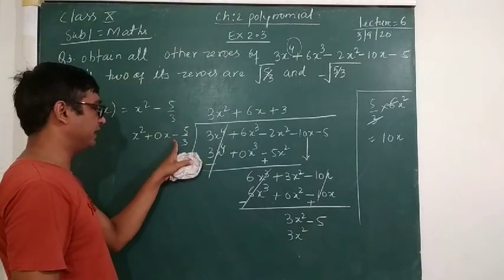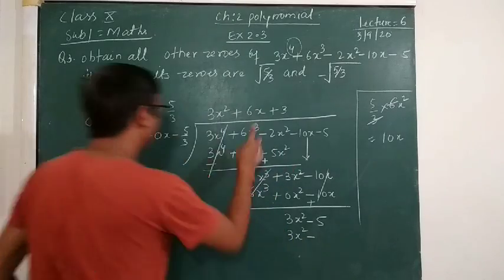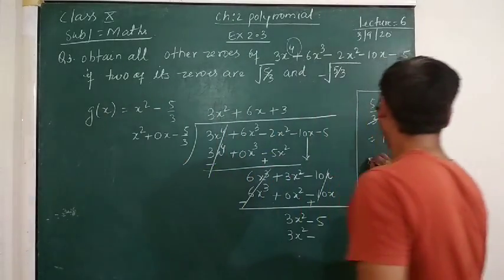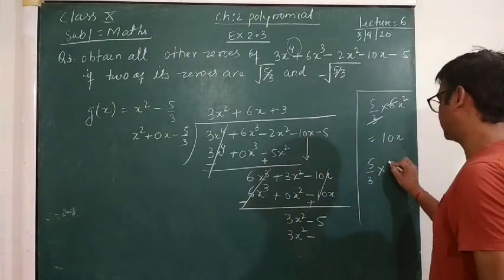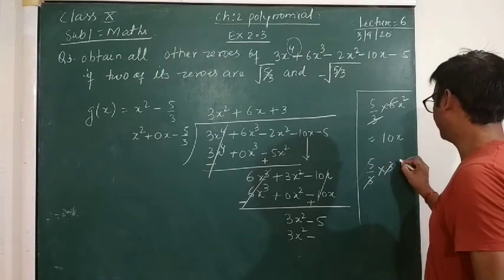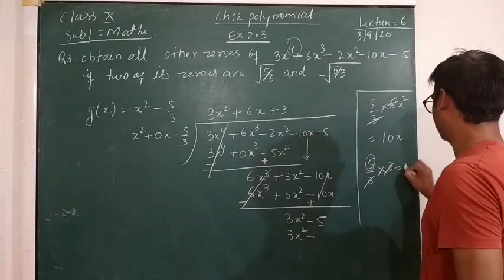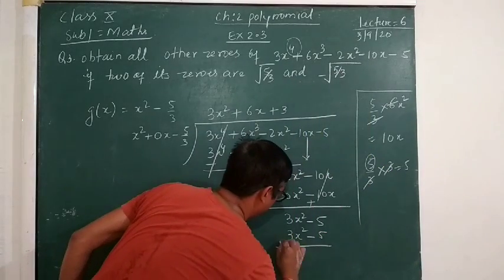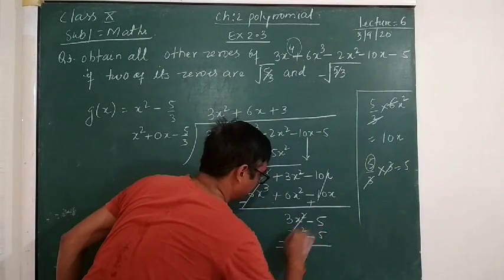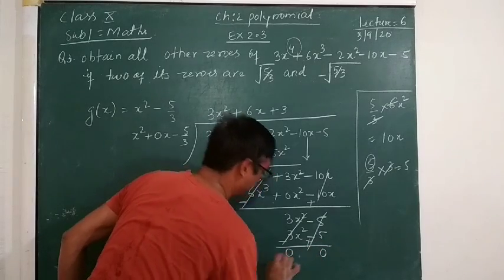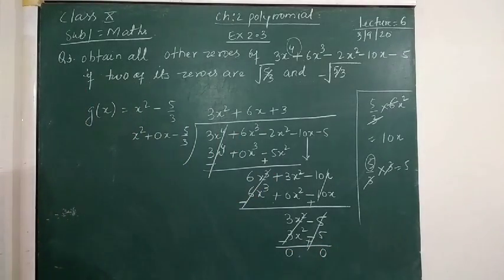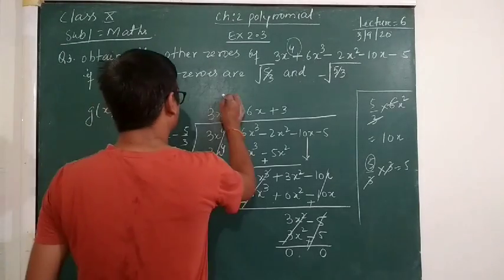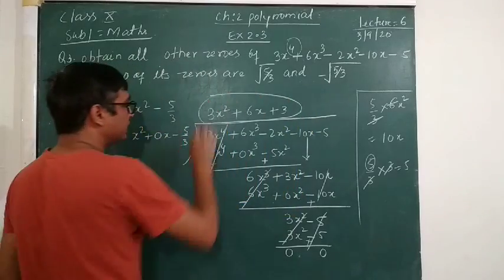Then changing signs, if you multiply 5/3 into 3 you get 5. Now you are getting 0 as a remainder. So if you get 0 as a remainder, you got the quotient over here. So this is your quotient.